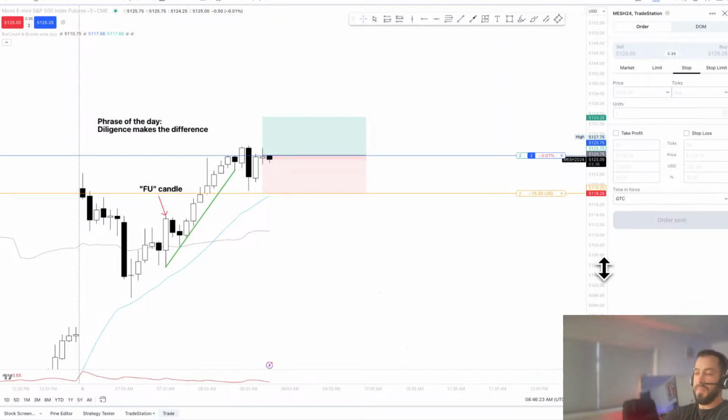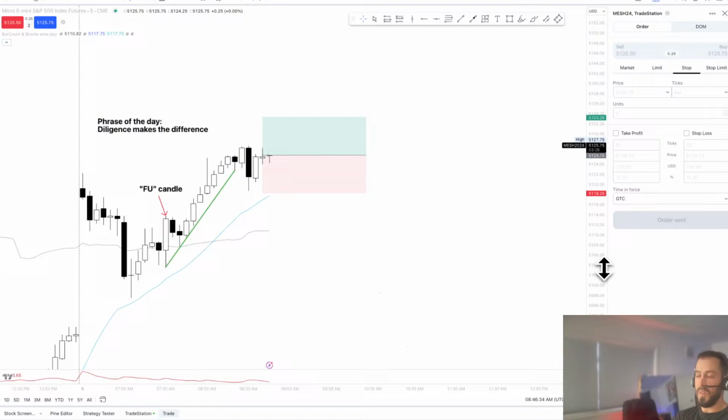Okay, I get it. Like I said, I'm not opposed to it. I want to see strong follow through on the part of the bulls.